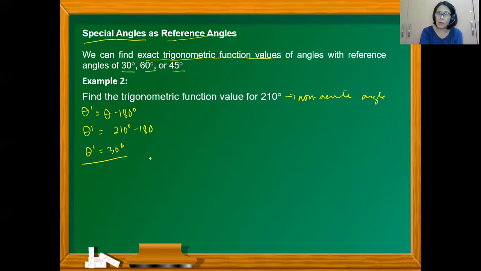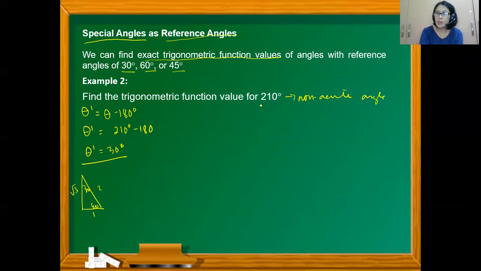Now, we have to recall the trigonometric function values for special angles, particularly for 30, 60, 90. So this is 30, this is 60, and this is 1, 2, square root of 3 as our reference.